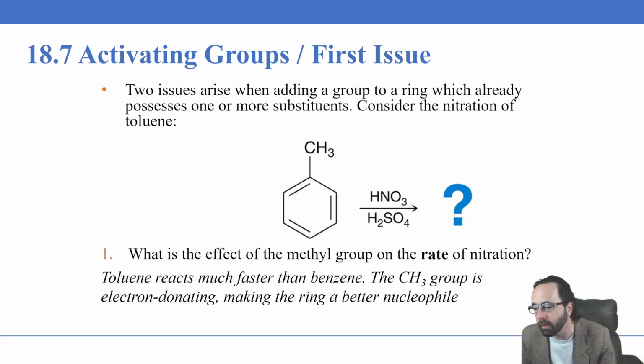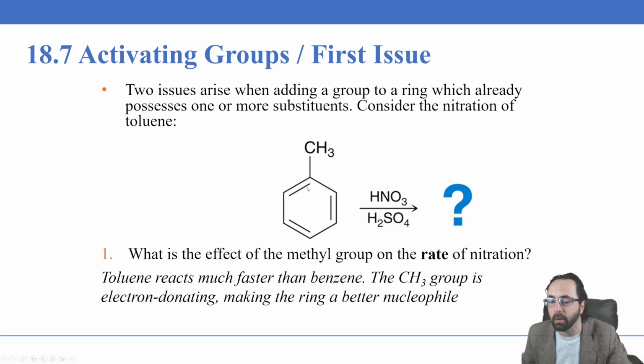One, what is the effect of the group itself in terms of the presence of the electrons in the ring? Is it going to donate electron density to the ring, or is it going to pull electron density away from the ring? In the case of a carbon atom, it does not have a strong electronegativity.